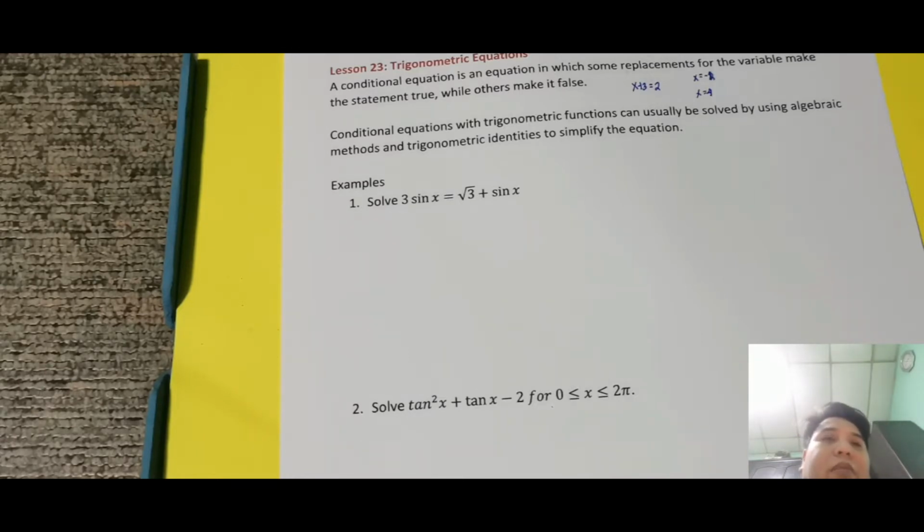Pagsasamahin natin lahat ng may trigonometric sa left side, lahat ng wala nasa right side kung kinakailangan, hindi lagi. Kasi kung kunyari naka-square, possibly quadratic equation yung form niyan. So hindi laging ganun yung gagawin natin.